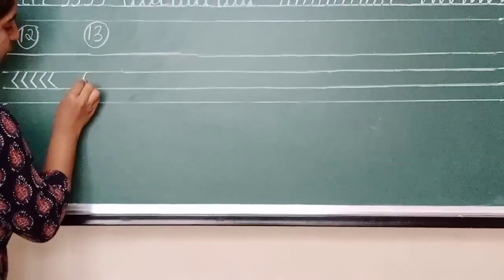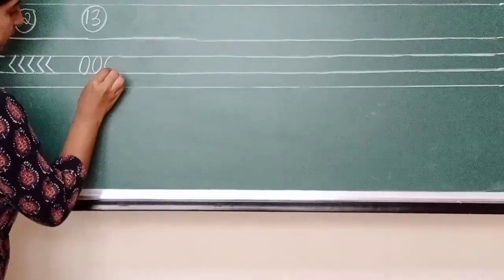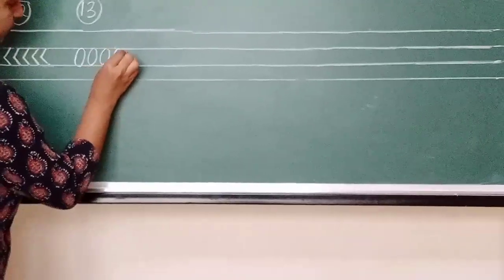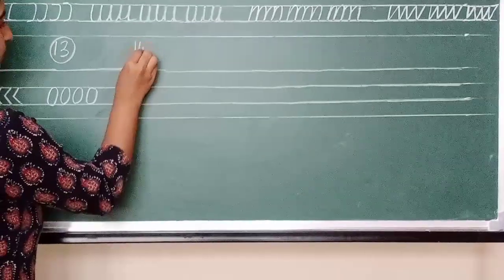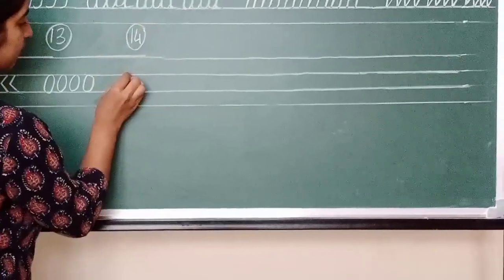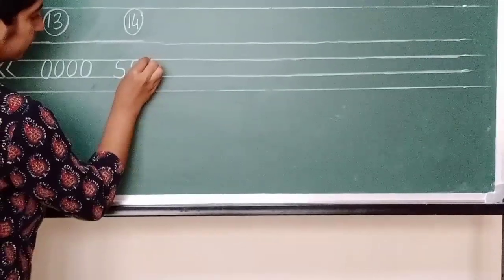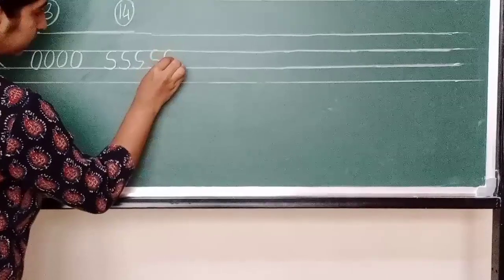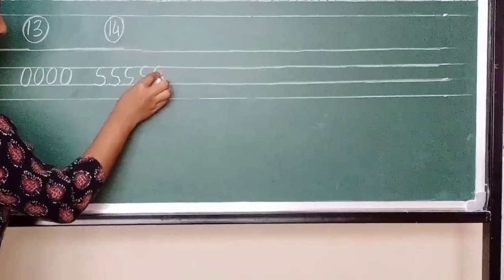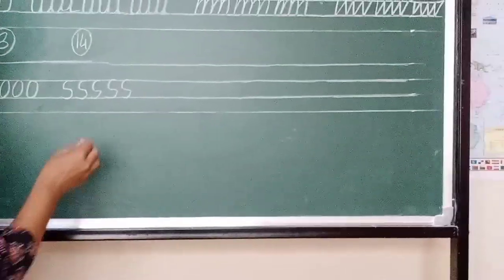A bit of a slide, how to do. 1, 2, 3, 4. Fourteenth. 1, 2, 3, 4. Both should be equal. See here, both should be equal and you have to draw.